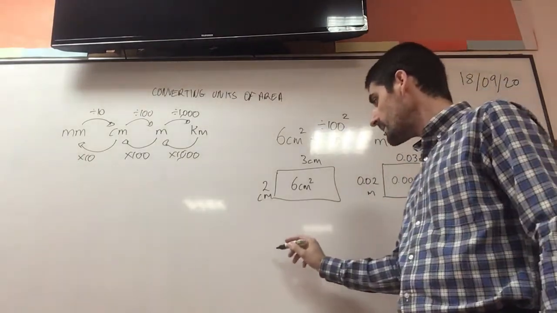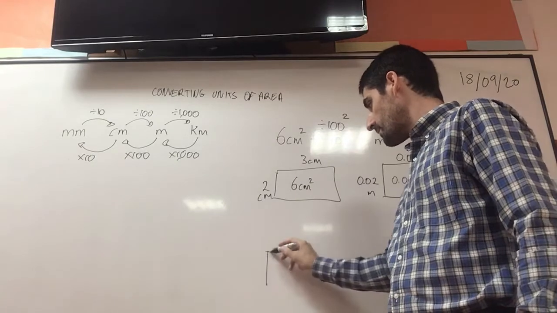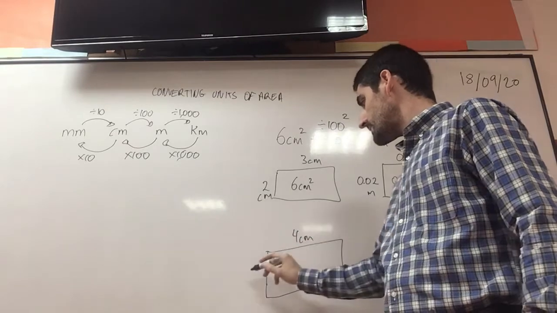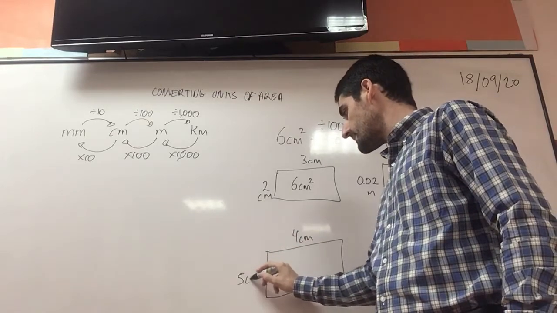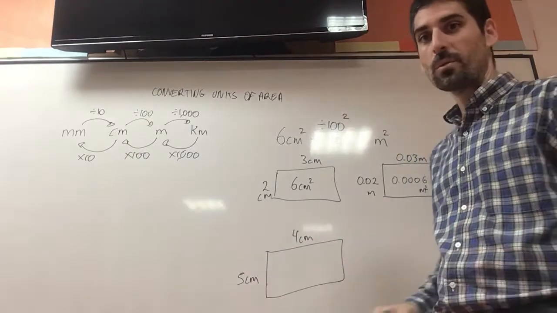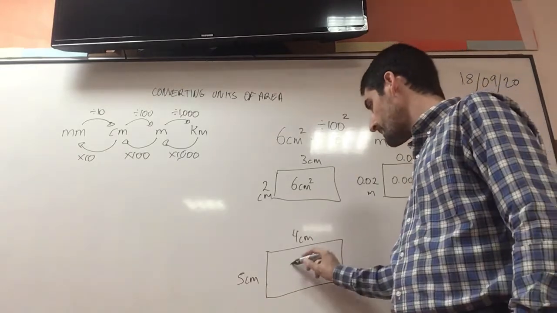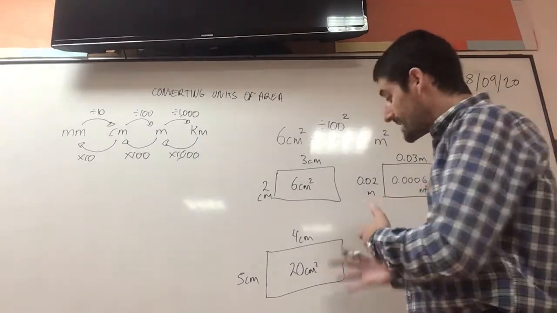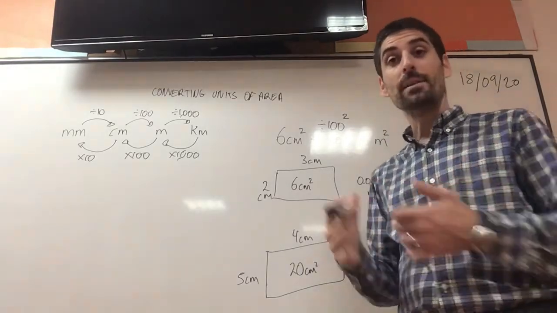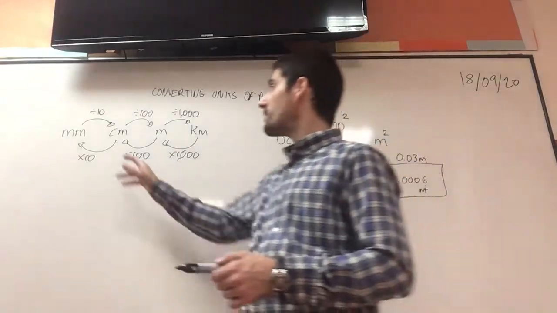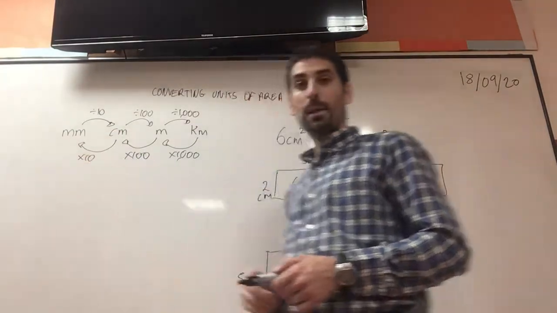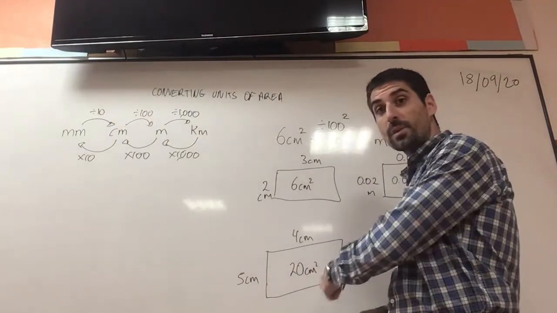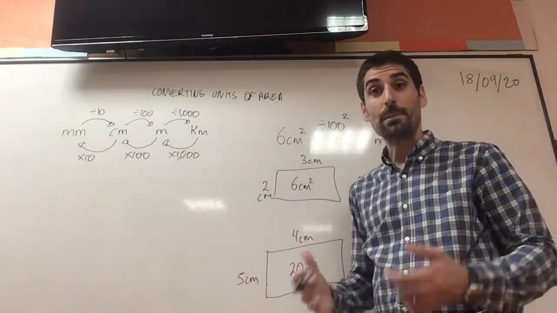Same, got another rectangle. This is 4 centimeters. This is 5 centimeters. As you can see, the scale doesn't really work, but it doesn't matter. The area is 20 centimeters square. Let's say I want to change the area into millimeters square. From centimeters to millimeters, we multiply by 10. So you might think the area is 20 times 10, 200 millimeters square.